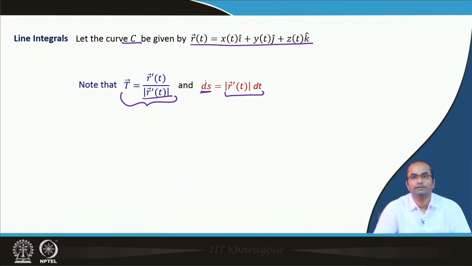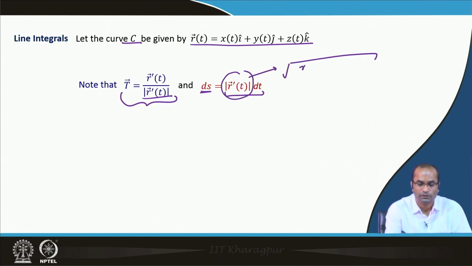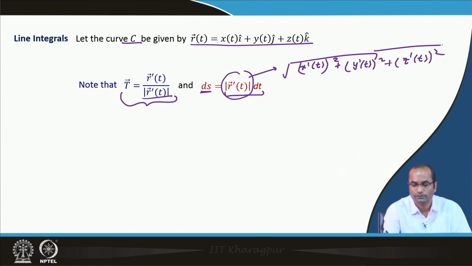If you remember, this was just the square root of x prime t whole square plus y prime t whole square plus z prime t whole square. So, this was already discussed there, and we can compute this ds in terms of the derivative of r.